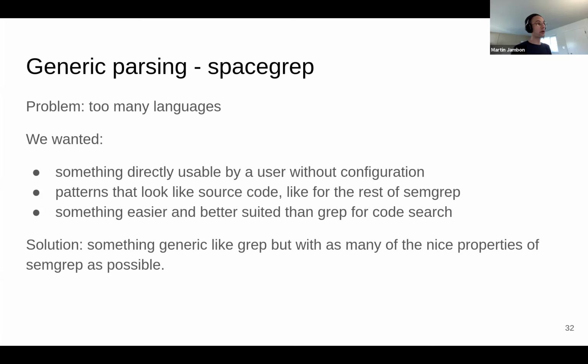So this Spacegrep tries to do things like Semgrep when possible. It should be usable by a user out of the box. No configuration needed. They write a pattern that looks like the actual code they want to match. We don't need backslashes. Oh, I think that's very pleasant.